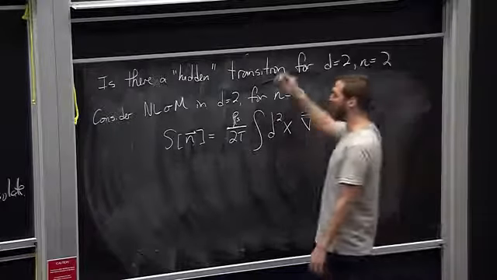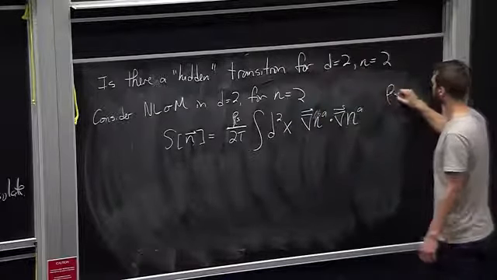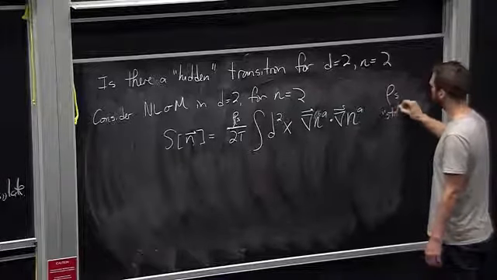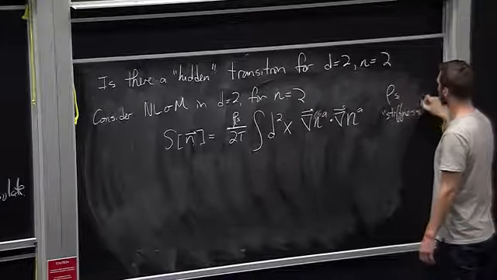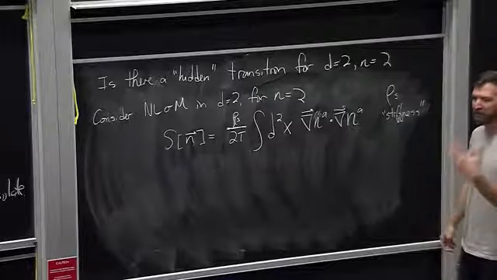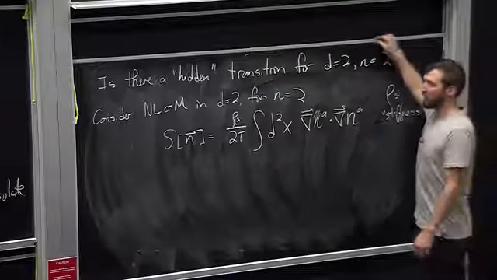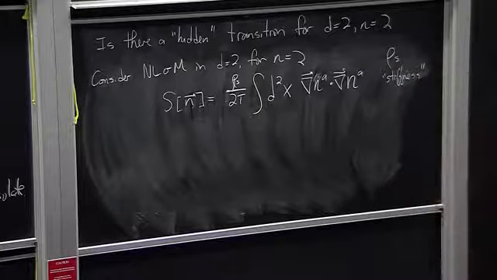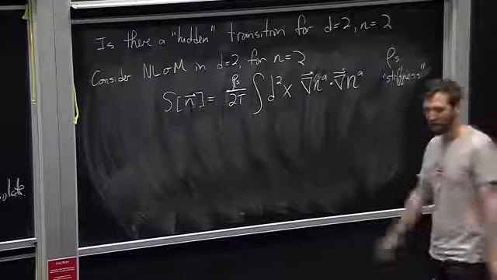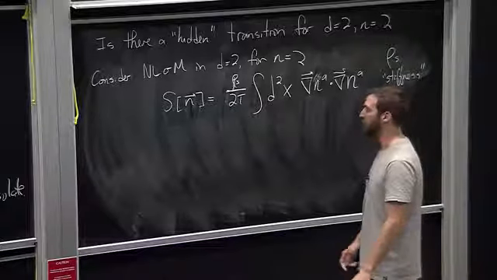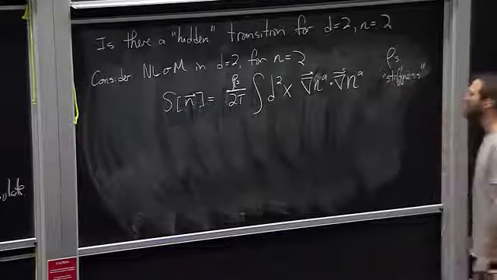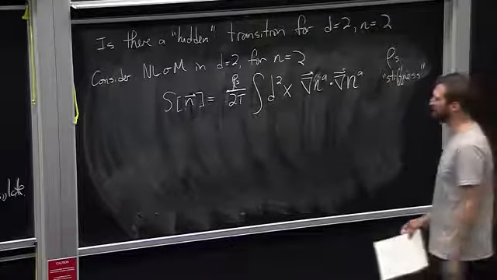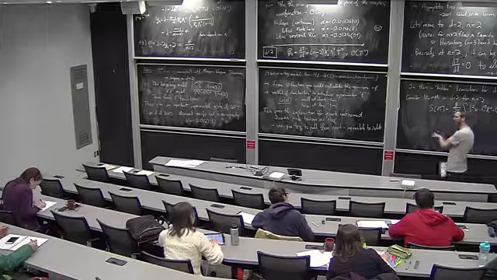Let me just put a parameter back in there, and rho s is stiffness. This relates to something I asked you to calculate in the computational assignment for the XY model. So it's just 1 for now. It's just a parameter that I'm going to drag around. Okay, so that's just the starting point for our action.